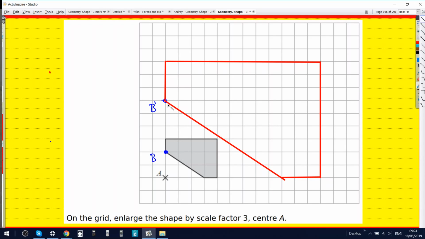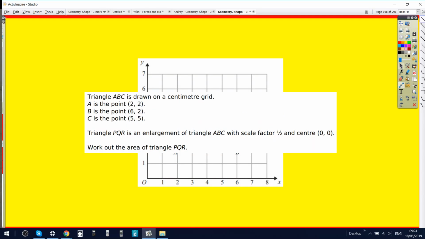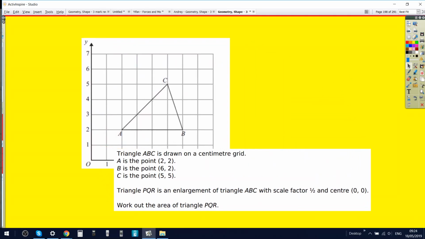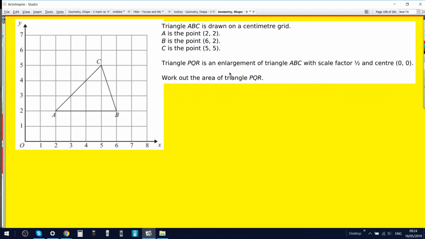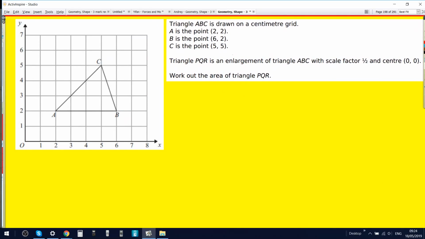So you know that you're multiplying all these lengths by 3, and so you just need to know where it actually goes, so you just find 1 point and then you can use that. Okay. So let's just do one more if we can. Oh, that's a good one. Okay, let's try this one.